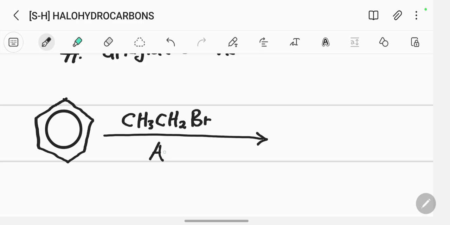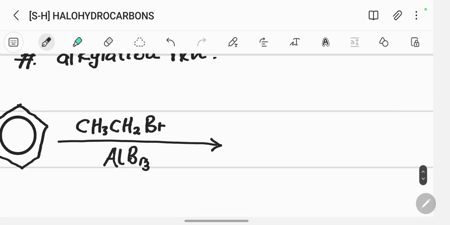then aluminium bromide, what do we end up with?